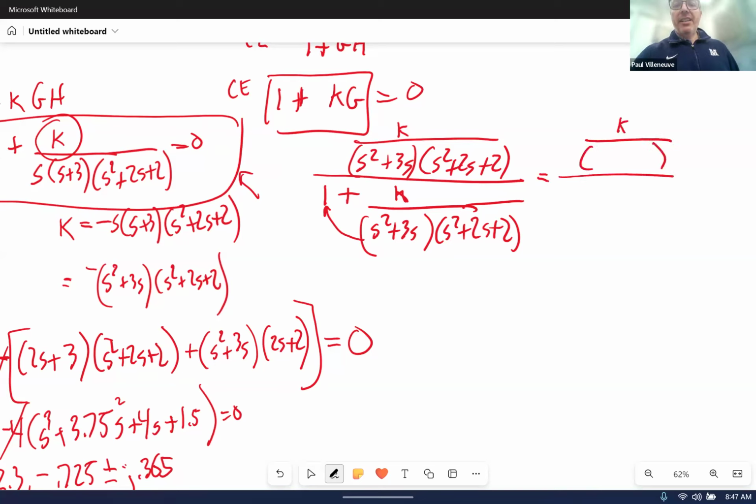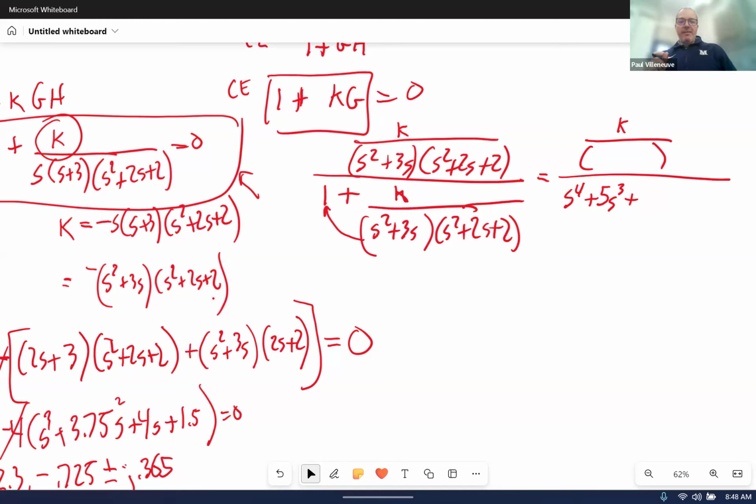I'm just going to put brackets here, and this becomes S to the 4th, because S squared times S squared is S to the 4th. Then I have 2S times 3S. I'm sorry, 3S cubed plus 2S cubed should be 5S cubed. Plus, now I have a bunch here. This is where it could get more confusing.